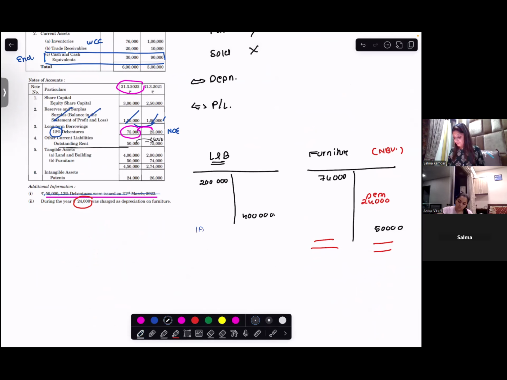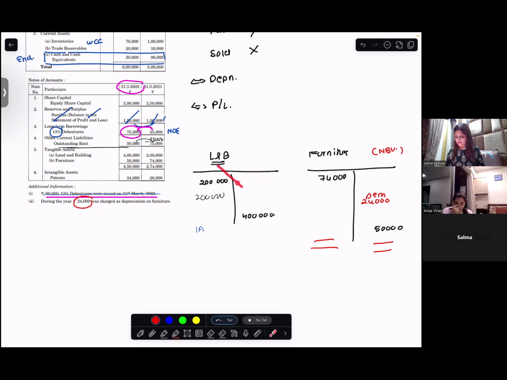If no information was given, I could say that 2 lakh is investing activity if I had to prepare. But right now, I don't have to prepare investing activity. Land and building in general does not depreciate.